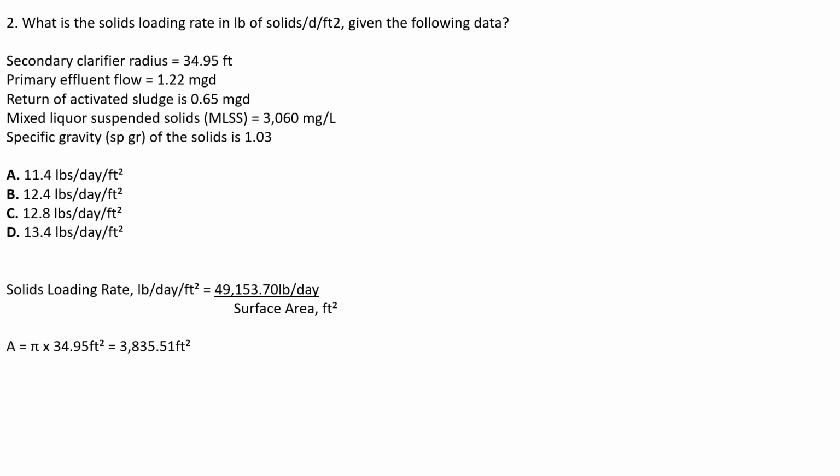Put that in the formula. 49,153.7 pounds per day divided by 3,835.51 square feet. Do your division. And the answer is 12.81, rounded, C, 12.8 pounds per day per square foot. Again, if you didn't take into account specific gravity, you would have got 12.4. But the correct answer is 12.8, C.